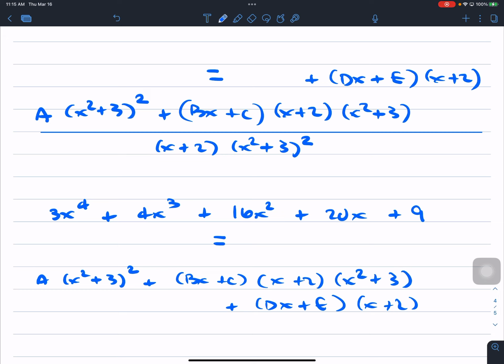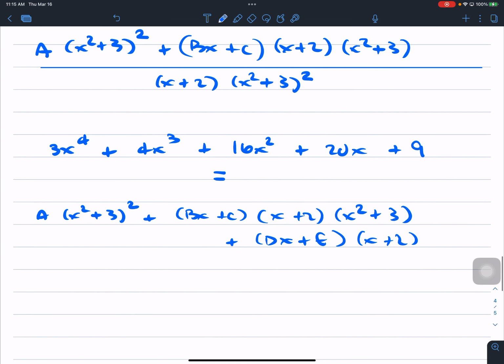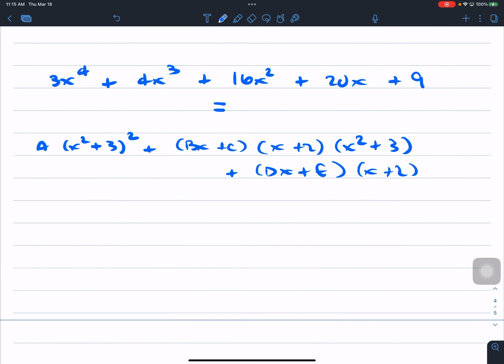And I want to remark something about this so you guys know. You might say, Mr. Judge, what's the deal here? If I let x be negative 2, I can zero out a couple of terms, I guess, right?